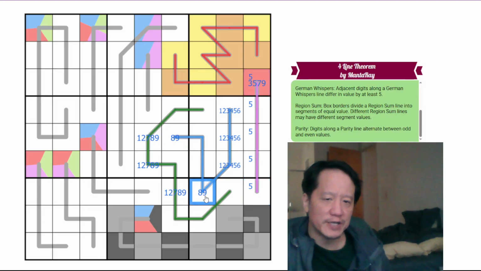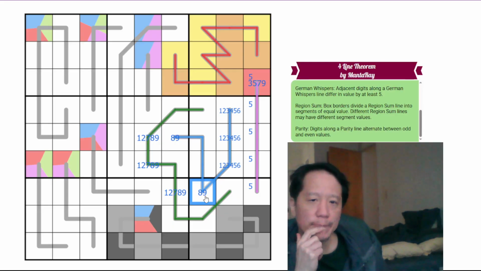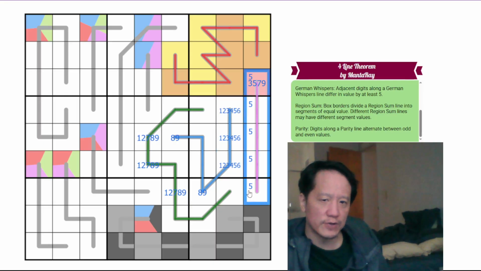We know this would be 9, right? Because we tried 8, and 8 forces this to be 2, 6, 1, 3, 4. This is obviously 7, 9. You'd have 5 through 9 here.